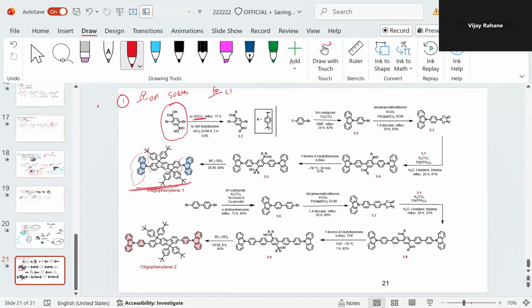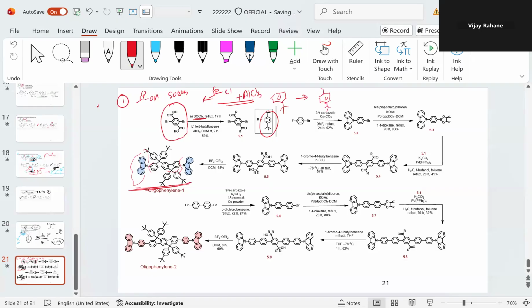The second step is treating this acyl chloride with tert-butyl benzene. If you have heard the name, the Friedel-Crafts acylation reaction: acyl chloride plus AlCl3 and the benzene, in this case tert-butyl benzene, so it will show the acylation reaction.